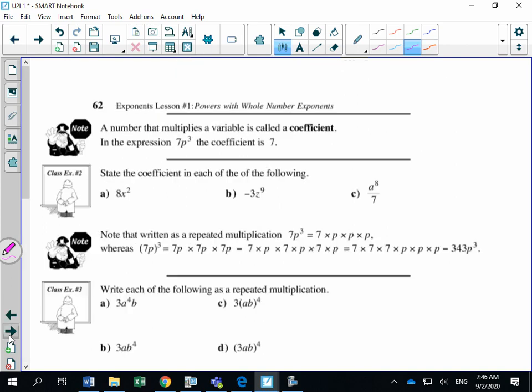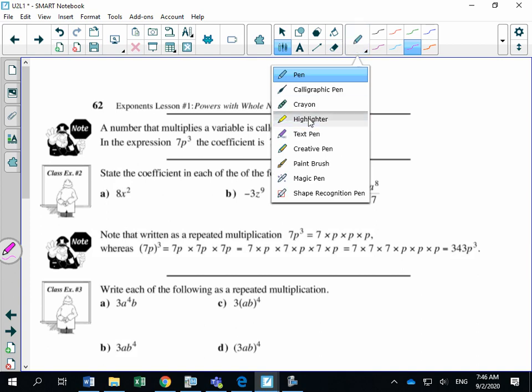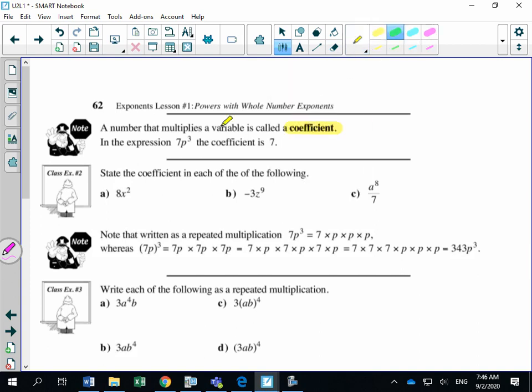Flip to page 62, and it says a number that multiplies a variable is called a coefficient. So let's highlight coefficient, a number that multiplies a variable. Okay, I always like to give a different example from the workbook so that you have more than one example when you're studying.